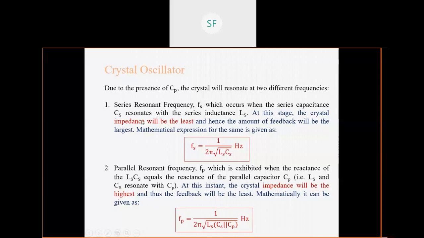Now, what do you mean by impedance? Remember this concept: opposition offered by a resistor is called resistance. Opposition offered by an inductor or capacitor is called reactance. These words are very important.